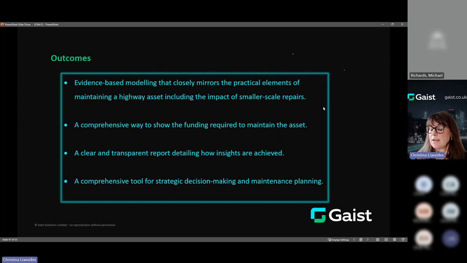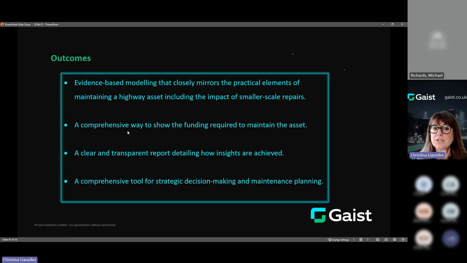And that for us includes the impact of smaller scale repairs. So reactive repairs up to a point. Reactive repairs are useful to know what happens with them given what you're doing on a larger scale, but also the impact of proper patching, if you like, or surface dressing or things like that. Things that are maybe on a smaller scale, but actually do matter to the local highway asset.